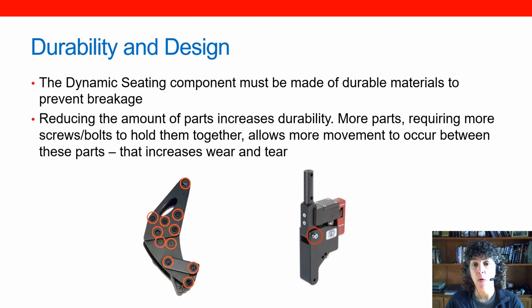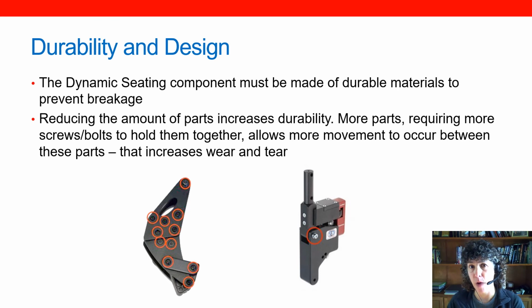So for example, the dynamic back hardware on the left here has numerous holes and numerous bolts or screws that go through those. Each of those can become a point of wear. There's a change in the material around that bolt or screw within the hole.